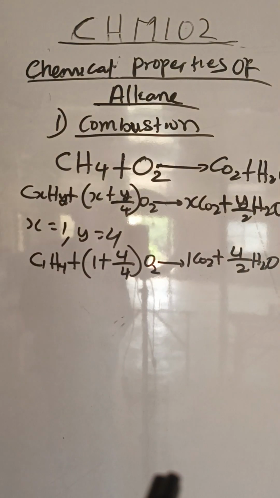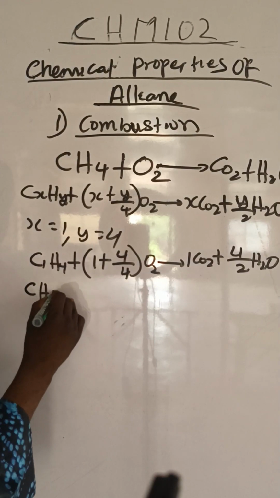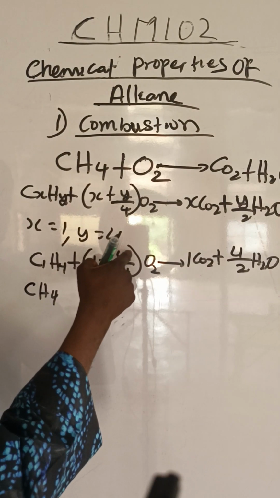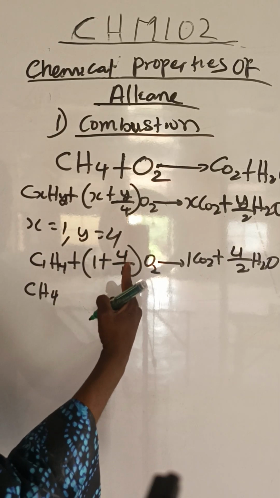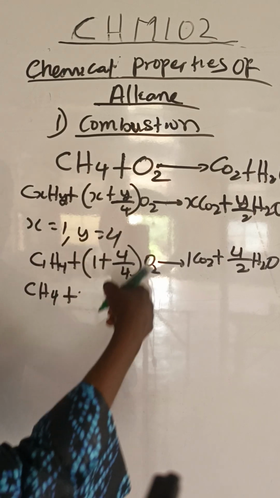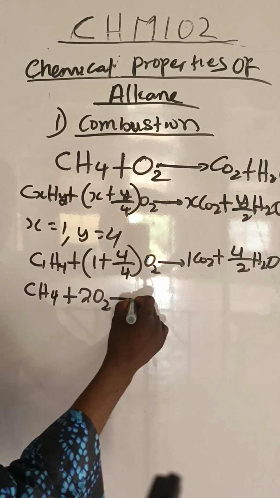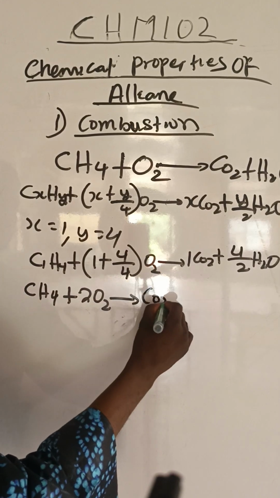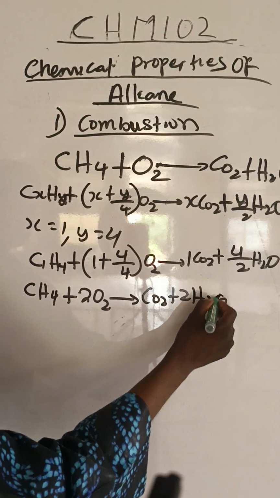Now, the next step, what will it give us? That will be CH4. If you divide this 4 by 4, that will be 1. 1 plus this 1, 2. Everything in this bracket will now give us 2O2, then CO2 plus 2H2O.